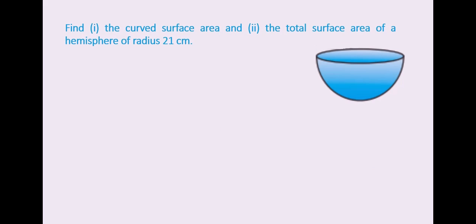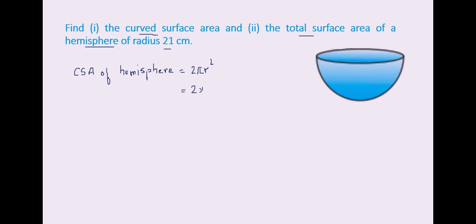Find the curved surface area and total surface area of a hemisphere of radius 21. So let us begin. Curved surface area of hemisphere. Again, do you remember the formula? The curved surface area is 2 pi r square.